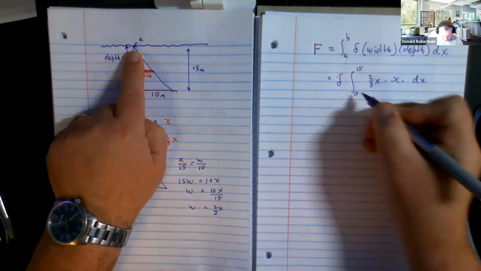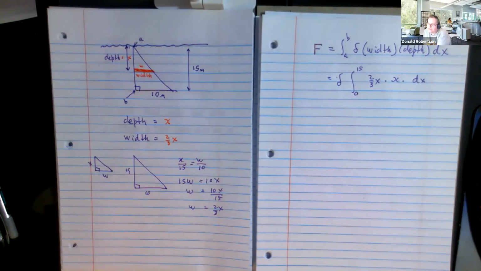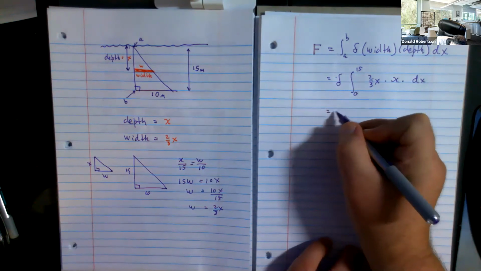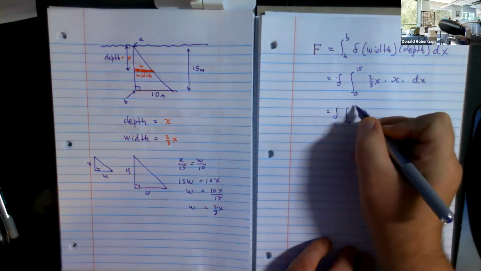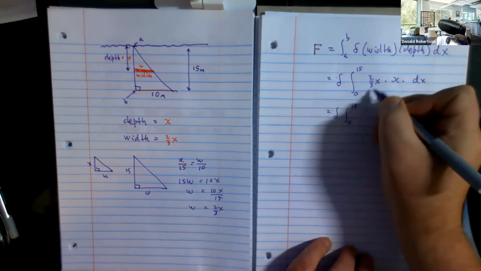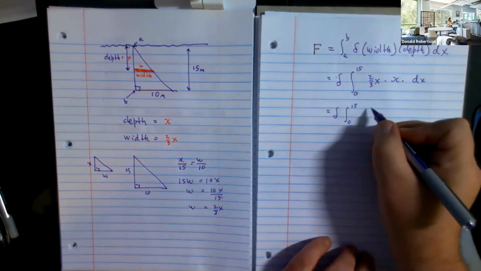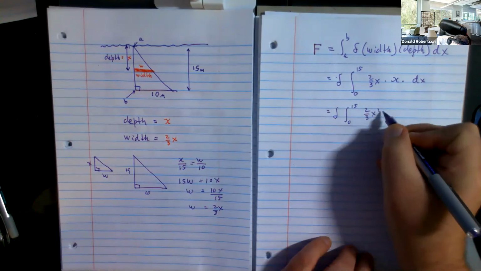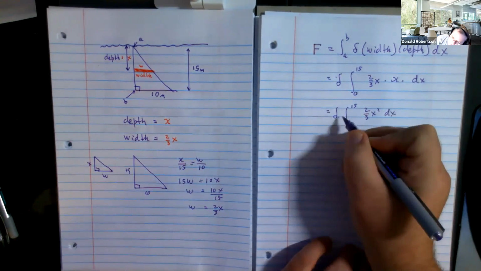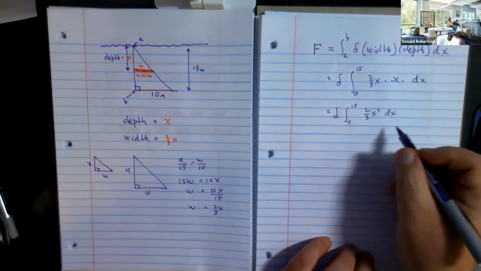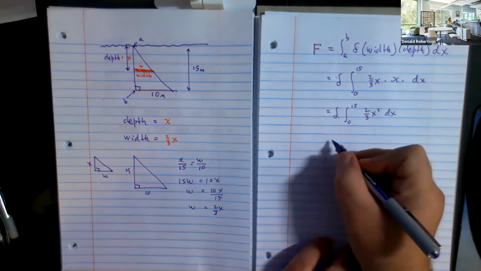So do you see in this case, that's essentially what you would get, right? That's going to be delta, the integral from 0 to 15. I guess I could pull that 2/3 out, but it's hardly worth it. It's going to be a mess anyway, so I'm just going to leave that in situ. I think it's worth it to pull out the delta, but it's probably not worthwhile doing anything else.